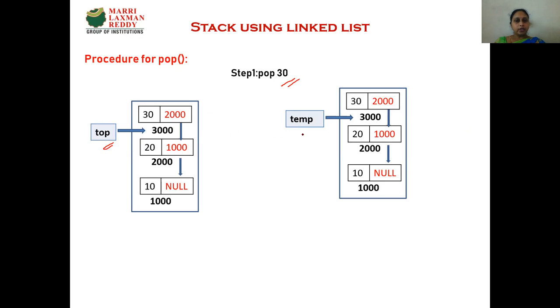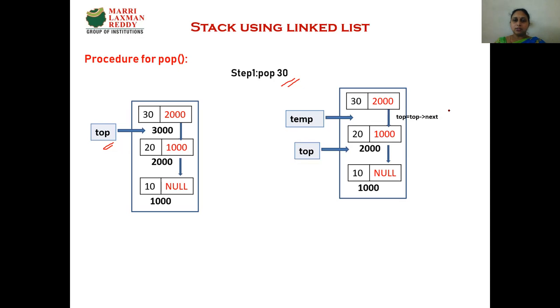Instead, we initialize temp equal to top. Now the top value is stored in temp. Based on this, I can remove the temp node. Just observe here, temp is pointing to 3000, and top I represent with top equal to top arrow next. That means top is now pointing to 2000.